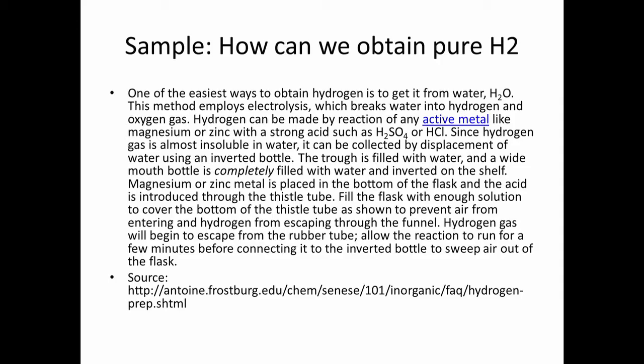Hydrogen can be made by reaction of any active metal. Now, there are two ways of doing this passage. You can either say hydrogen can be made, like now this is your passive voice. Remember, you can also use the second person narrative voice here and say you can make hydrogen by doing so and so thing, but then try doing that.